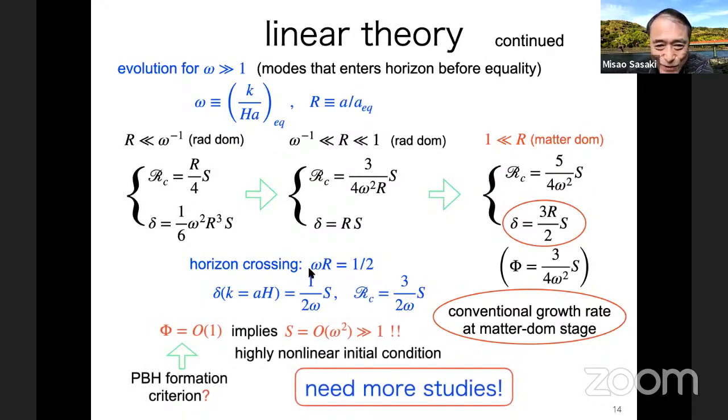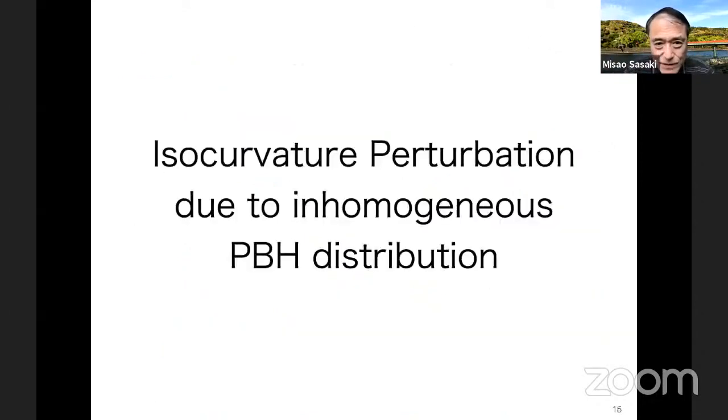So the whole point is that in this case, well inside the horizon, the fluctuation can be nonlinear from the beginning, and so you do have to consider some highly nonlinear evolution of those objects. The isocurvature perturbation case hasn't been studied at all. So it's a very interesting area which you can study.